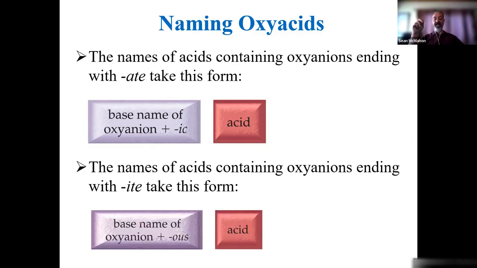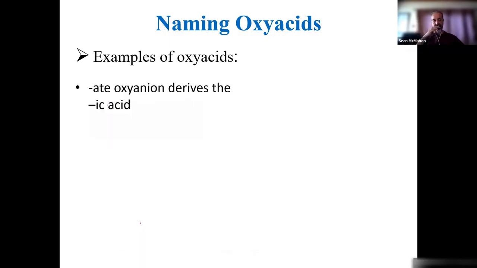So the -ate ion derives the -ic acid. The -ite ion, remember, -ite is 1 less than -ate, derives the -ous acid. So here are some examples where I use the -ate oxyanion to derive the -ic acid.